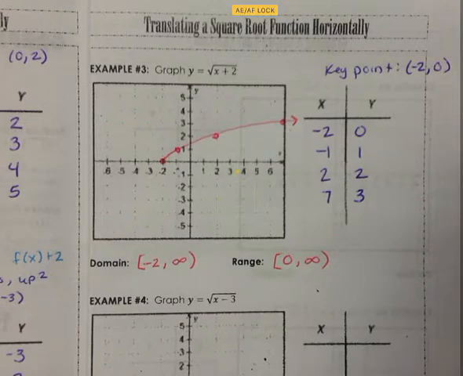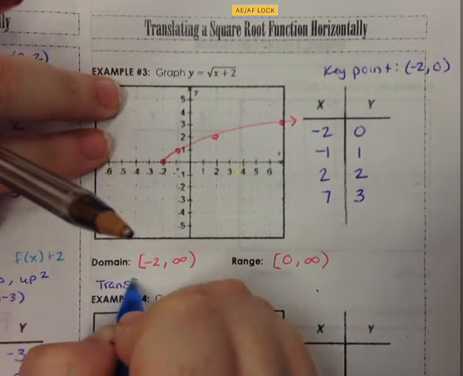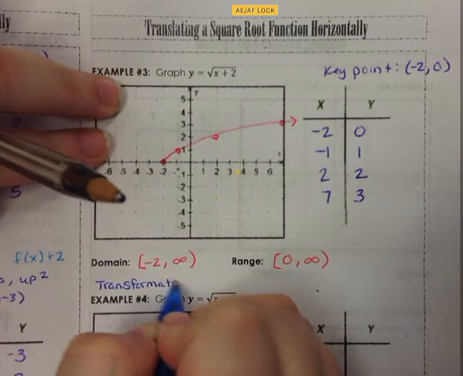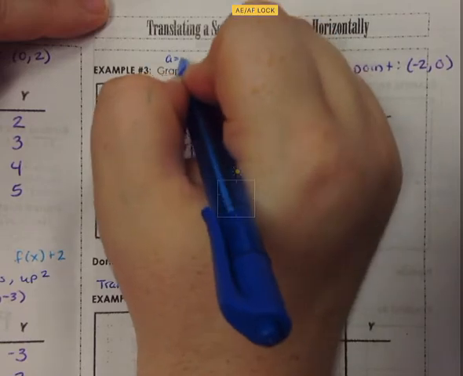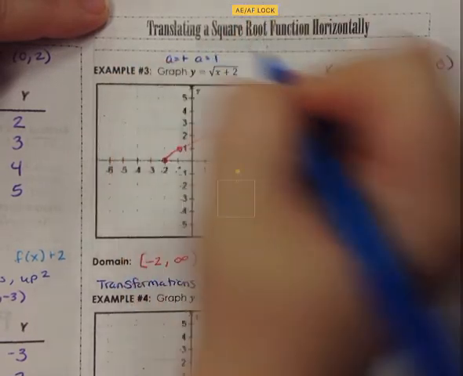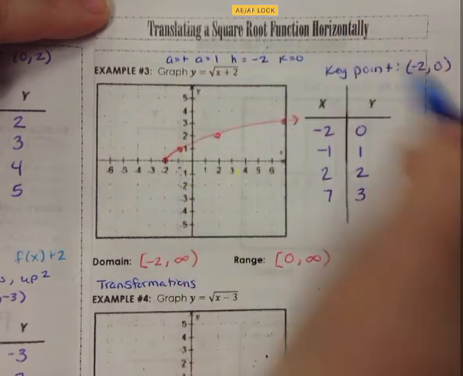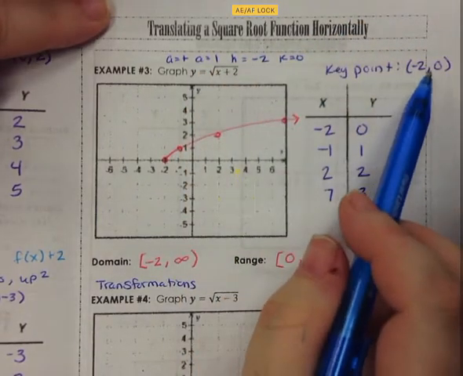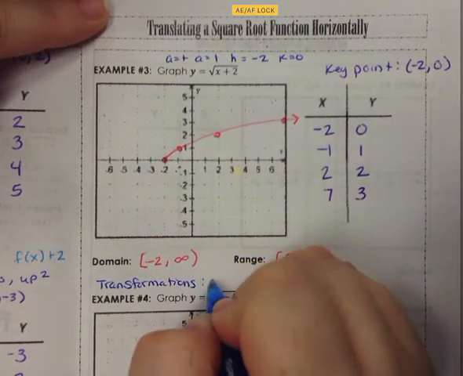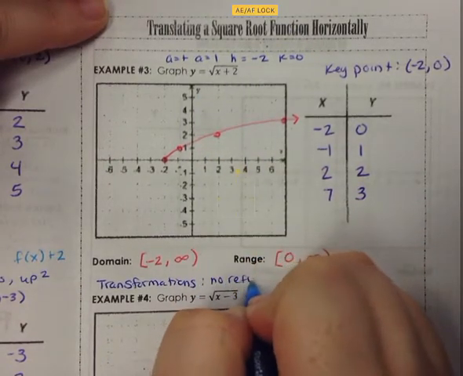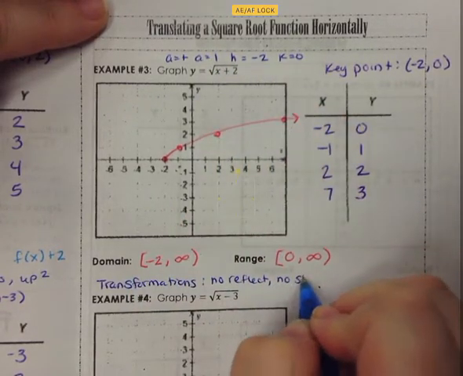So then next we want to talk about the transformations. And again, we talk about our a equals 1, h equals negative 2, and k equals 0. Because that's from the key point, positive 1 comes from here. That means that there is no reflect, there is no stretch or compress.